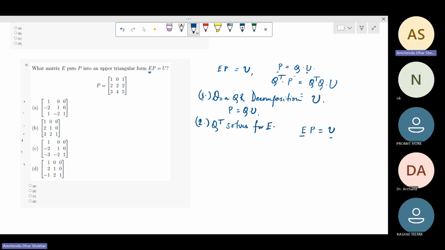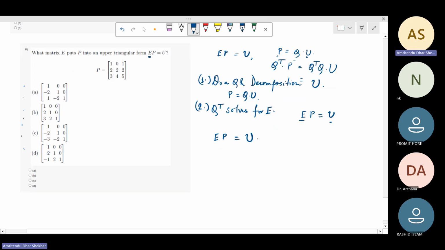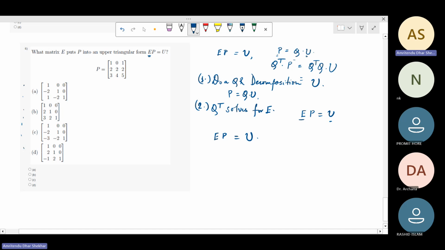Right, because the reason is that you can vary U. So if you write EP is equal to U, what is the rank of P? Let's do a quick rank check.